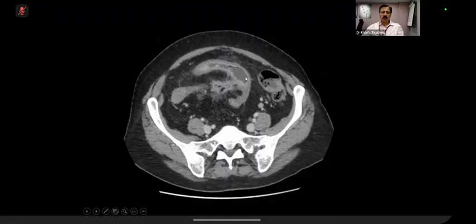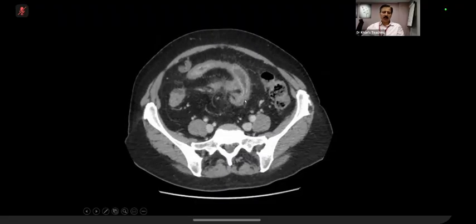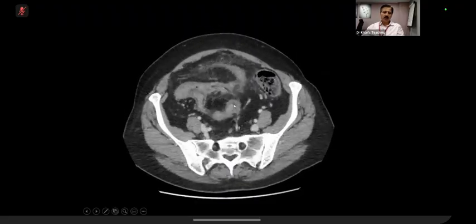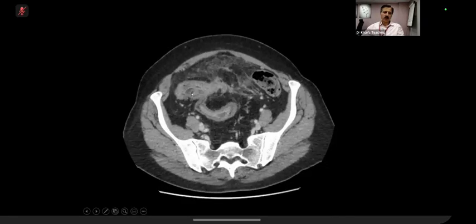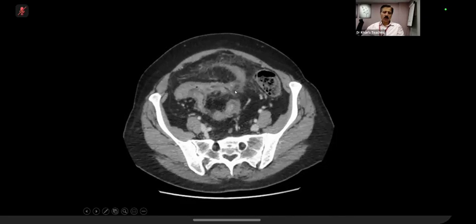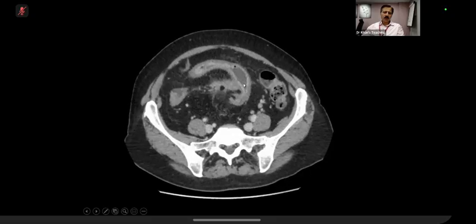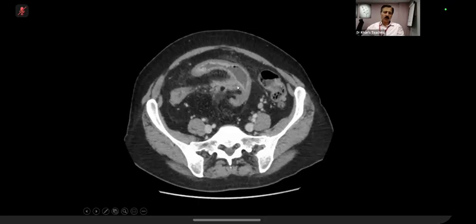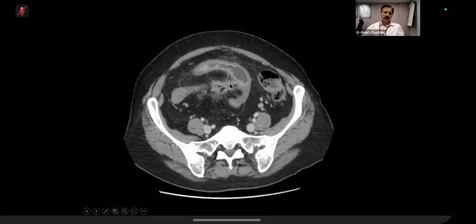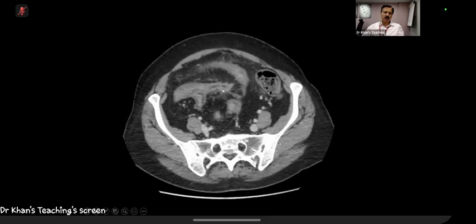Another thing which is visible. Now look at this loop, and how does this continue here? This is the ileocecal junction. But I am more interested in what is happening in the mesentery. There is a transmural, definitely abnormality where an abscess is sitting here.